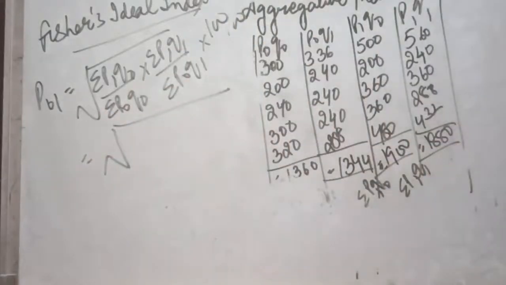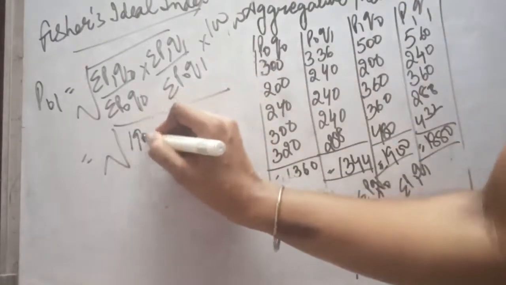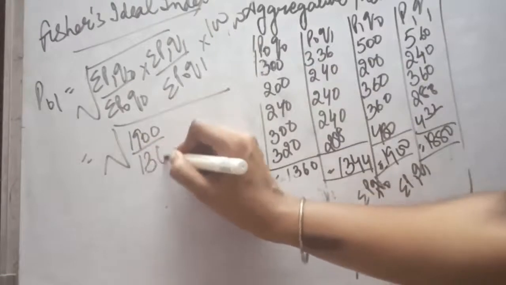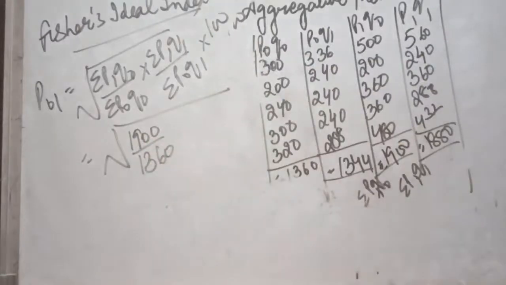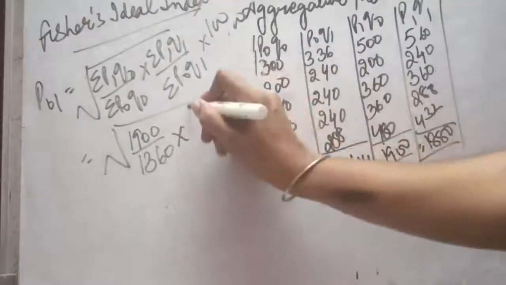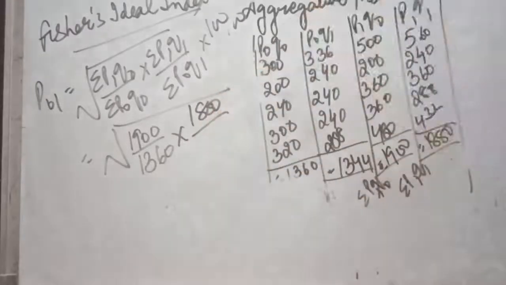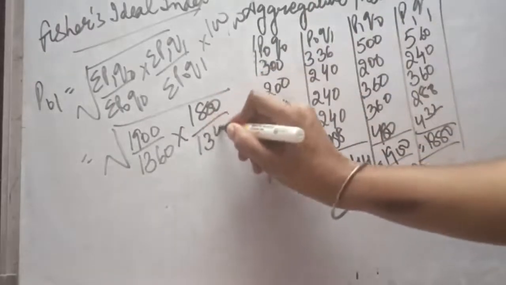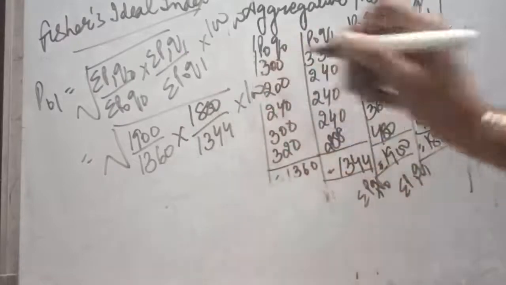Under the root we put in the values, the same values as seen previously: 1900 divided by 1360 multiplied by 1880 divided by 1344, and 100 will be outside.